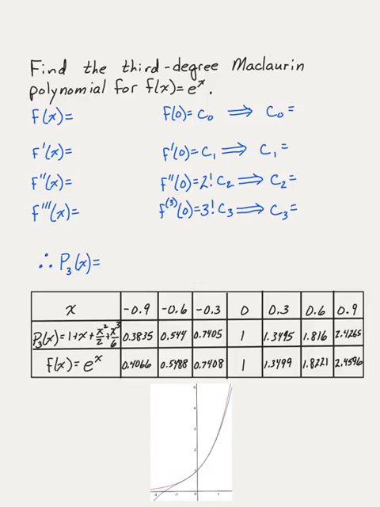All right, so the next thing we can do is look at a generic formula for a third degree Maclaurin polynomial for f of x equals e to the x. So if we use the system that we have been doing thus far, here f of x would equal c sub 0 plus c sub 1 x plus c sub 2 x squared plus c sub 3 x cubed.